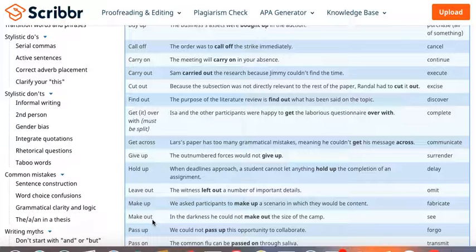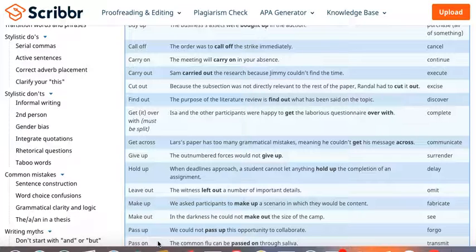Make out. In the darkness, he could not make out the size of the camp. Make out means see. One word. Pass up. We could not pass up this opportunity to collaborate. Pass up means forego. Forego. That's a nice one.